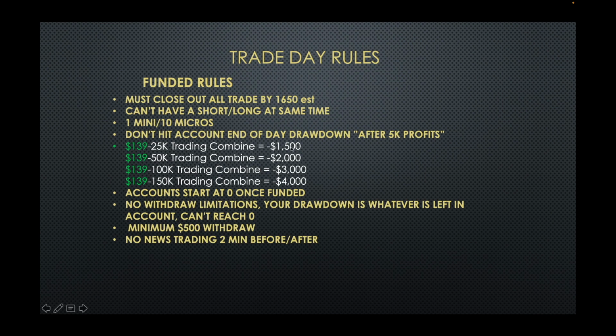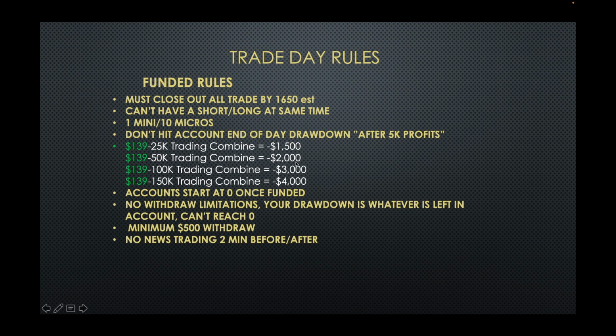You can't go to minus 1,500, minus 2,000, minus 3,000, minus 4,000. So once you gain money in your account, and I believe once you hit that $2,000 plus limit where it stops trailing, you can withdraw money, and you don't have to wait a certain amount of days. It's kind of like Top Step, except you don't have to wait the 5 days.